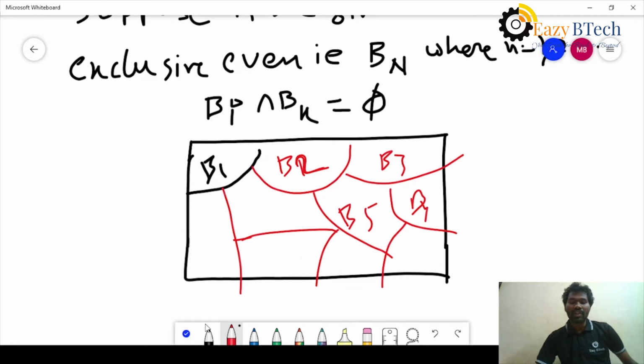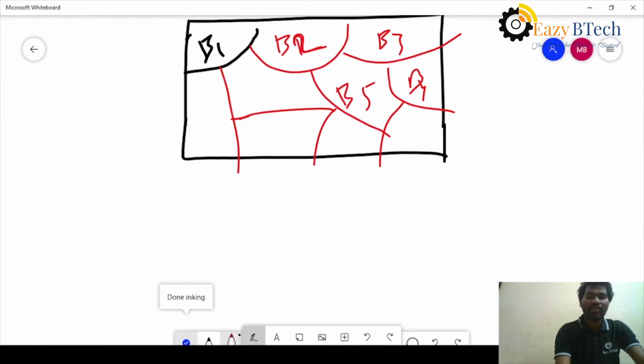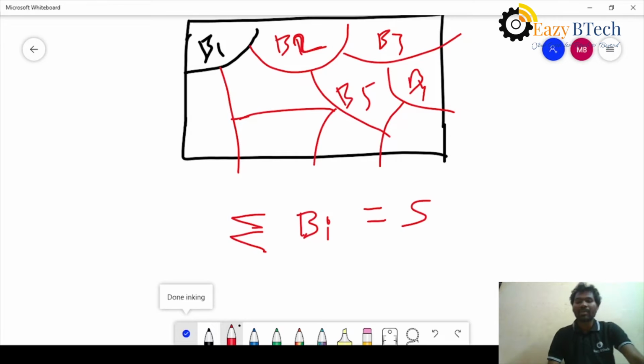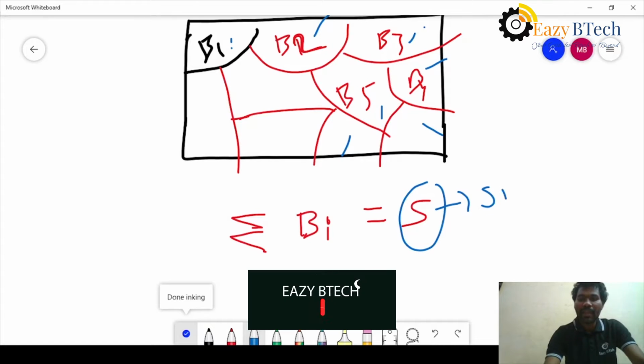From the Venn diagram, we can also say that the sum of all the events, sigma Bi, is equal to S. That is, if you add B1, B2, B3, B4, B5, B6, B7, everything, it gives you S, the sample space.